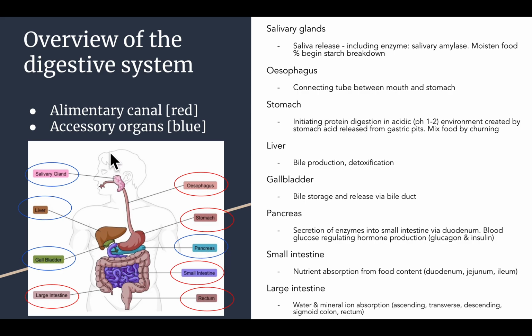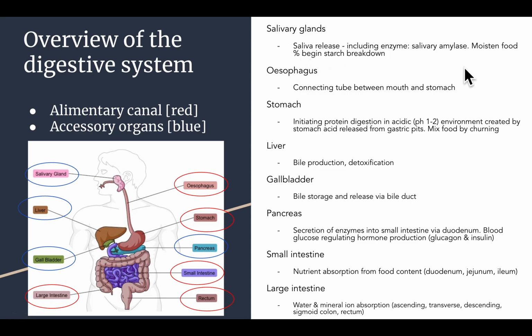Whereas the accessory organs consist of organs that aid in digestion, but don't actually transfer or involve the passage of food. That includes the salivary glands, the liver, pancreas, gallbladder, and we'll begin by discussing the salivary glands, which is where saliva is released, located in the mouth.